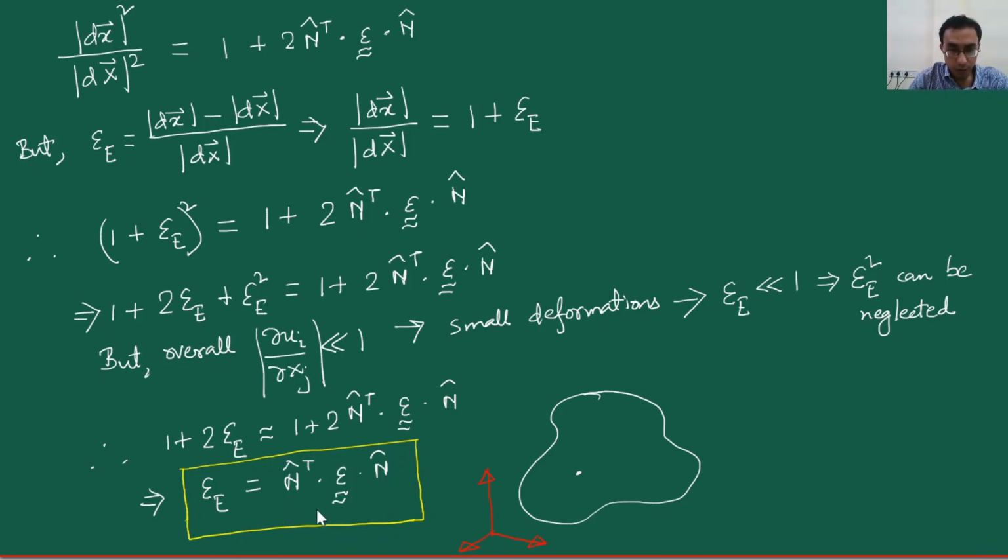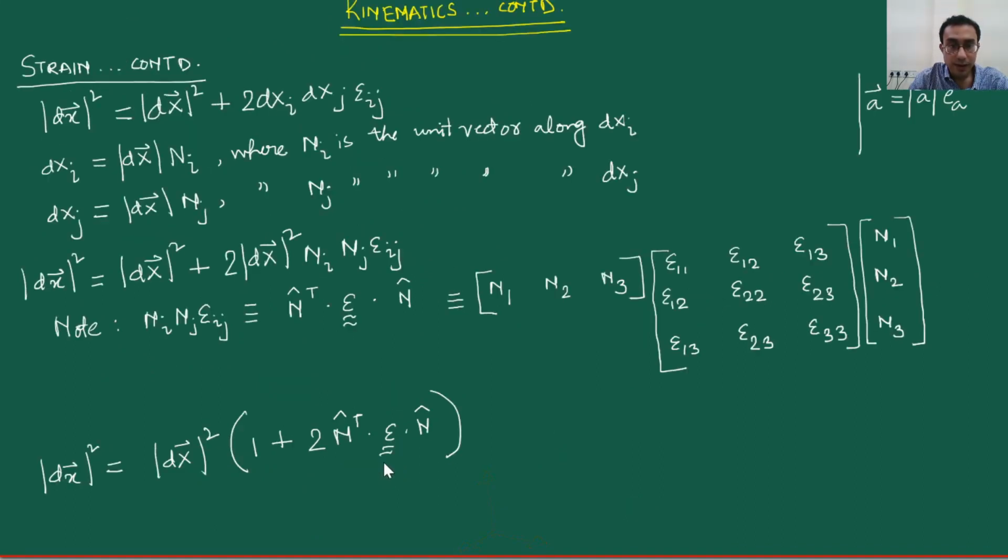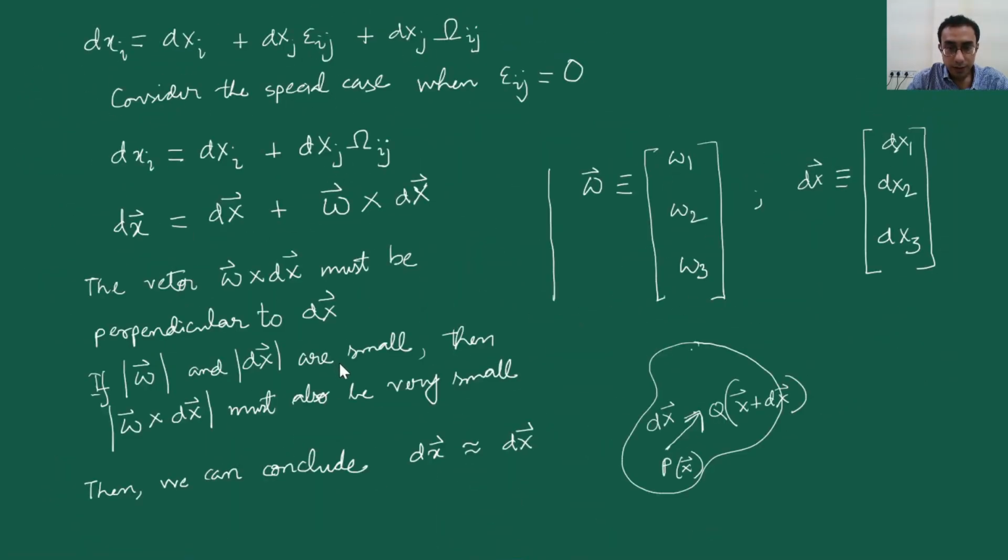But before we go about doing that, please note that this expression written in compact form, n hat transpose dot epsilon, the strain tensor dotted with n hat, is basically the same thing as, if we go back one slide more, you see this thing is exactly that, and that is in index notation like this: nij epsilon ij.